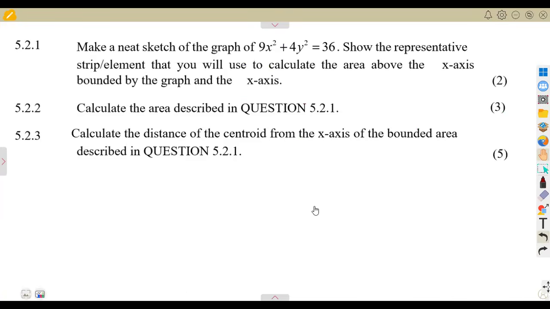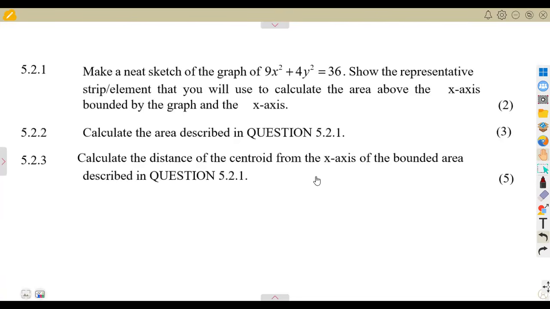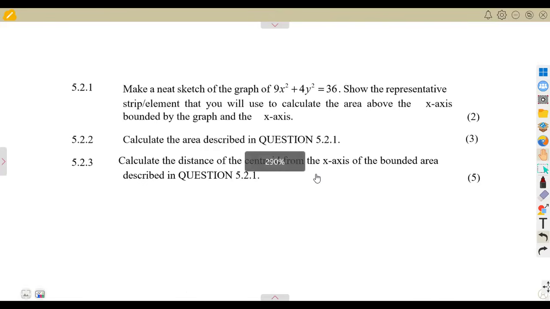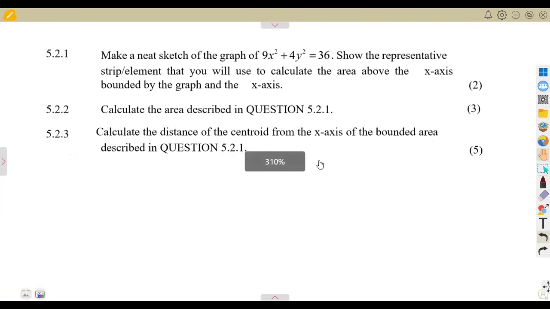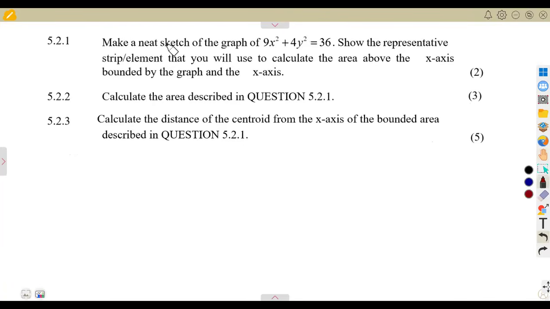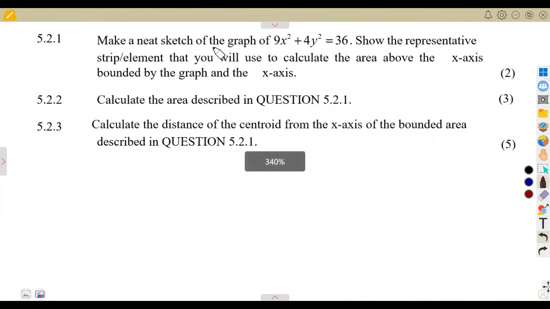There we are given a function which is an ellipse. Remember, I considered also for an ellipse the condition of your centroids, whether it's between the x-axis or the y-axis, is the same. Make a neat sketch of this function, 5.21, which is 9x squared plus 4y squared is equal to 36.